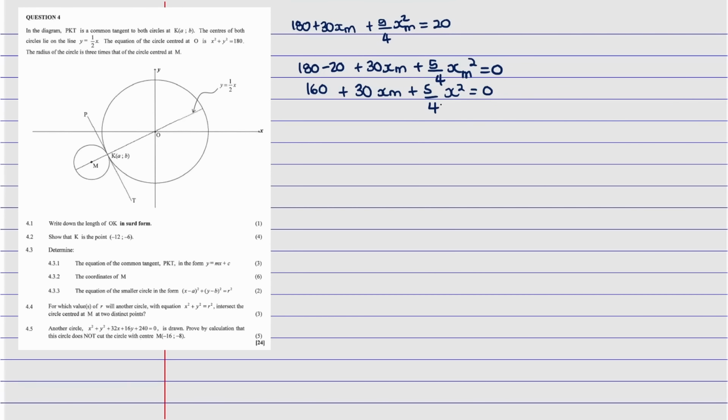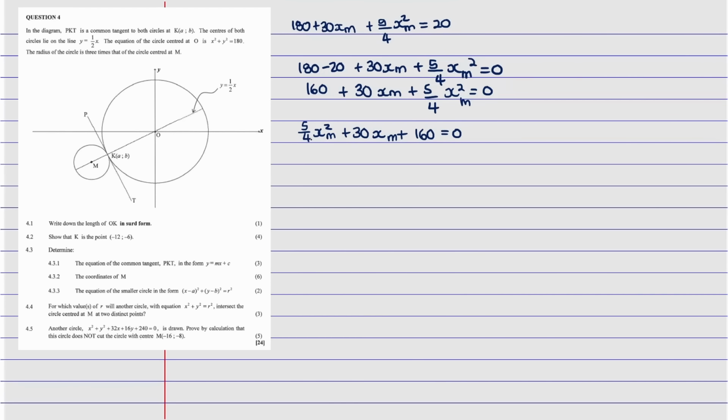So I'm going to rewrite it, making xm squared in front. So this is going to be 5 over 4 xm squared, plus 30 xm, plus 160 equals 0.